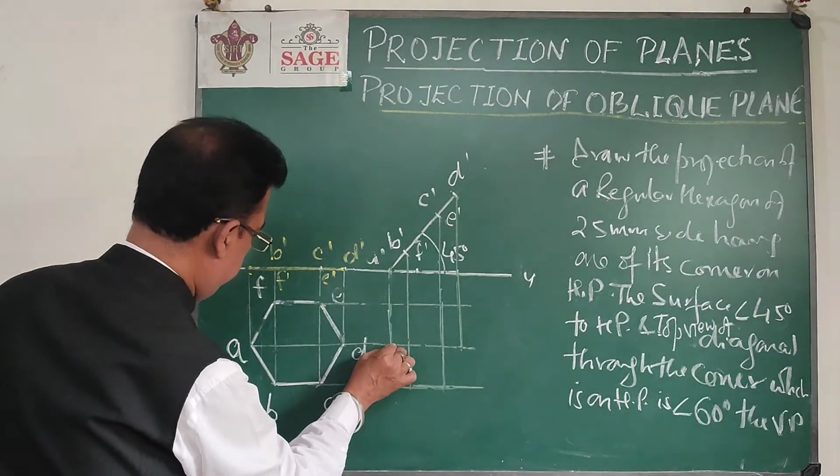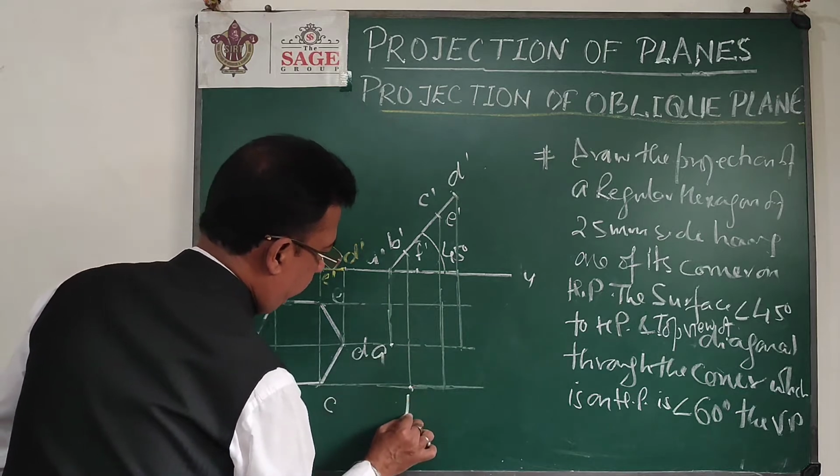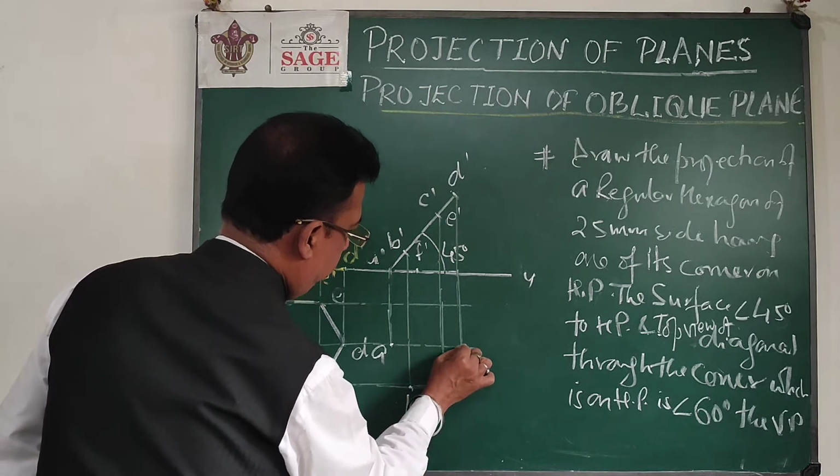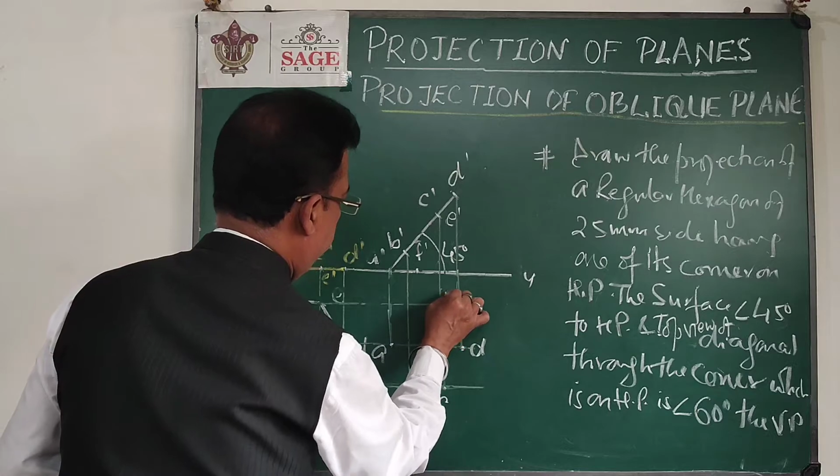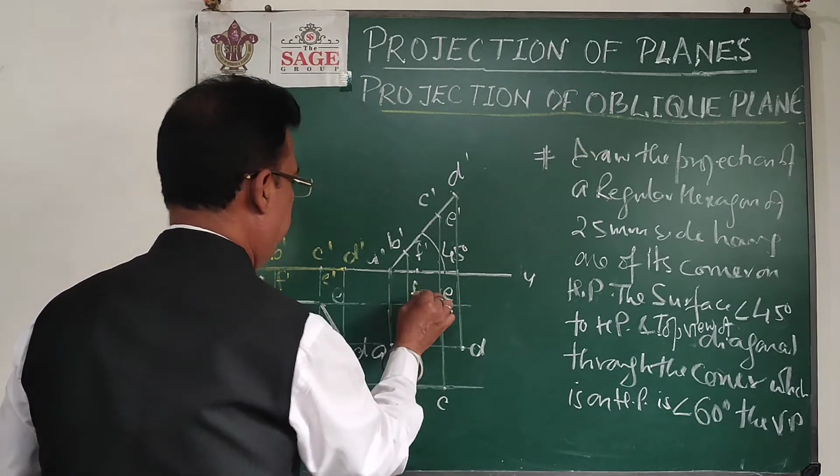And these are the points. So this will be A, B, C, D, E and F.